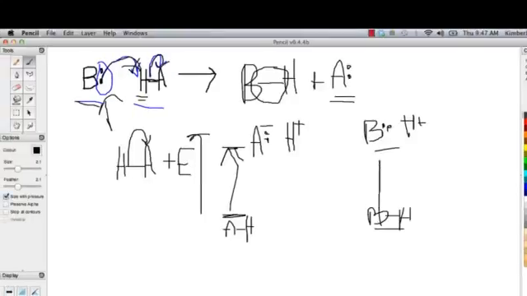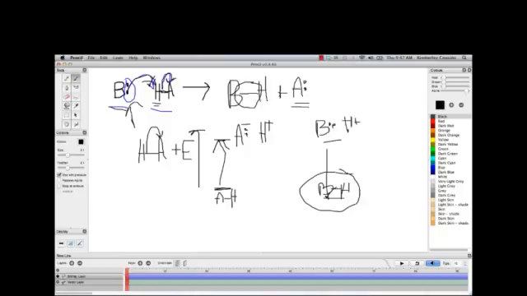And this reaction will occur energetically if the amount of energy you get back from making the BH bond exceeds the amount of energy it takes to break the AH bond. So in other words, it takes energy to break a bond, you get energy back when you make a bond, and overall, if the net energy change is negative, that is, if you get a net exothermicity, you get more energy out from making than you get from breaking, then the reaction will proceed.